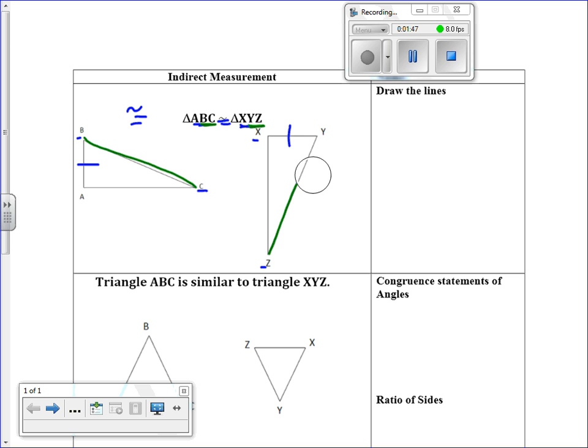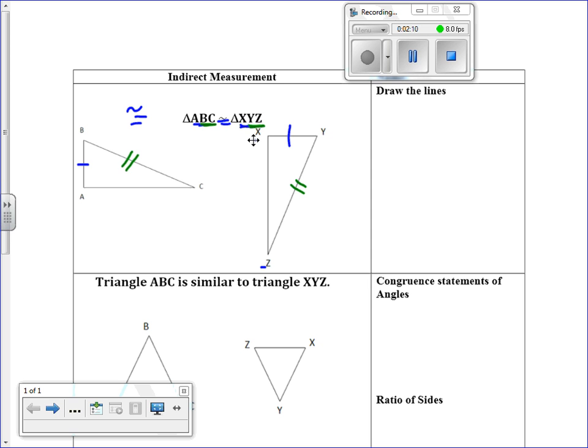So now I can say these two line segments are congruent, so I need to put a double dash through there. I'm not going to put a single dash through there because that would indicate that that line segment was congruent to AB or XY.